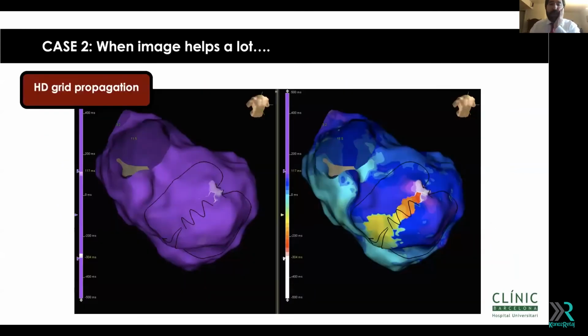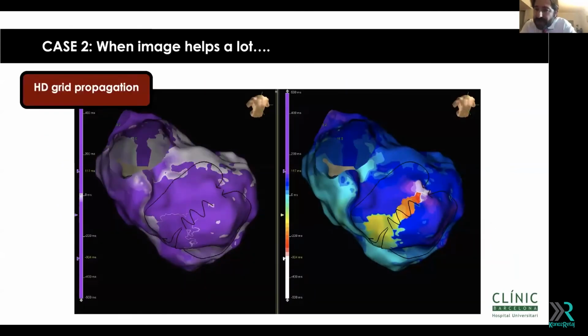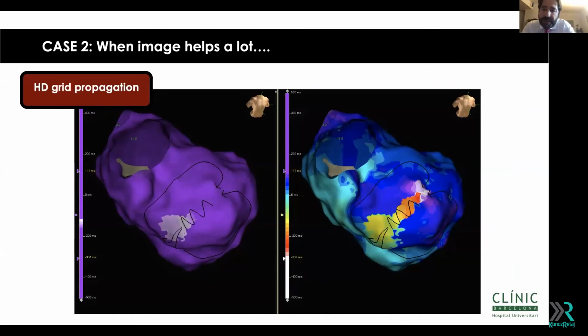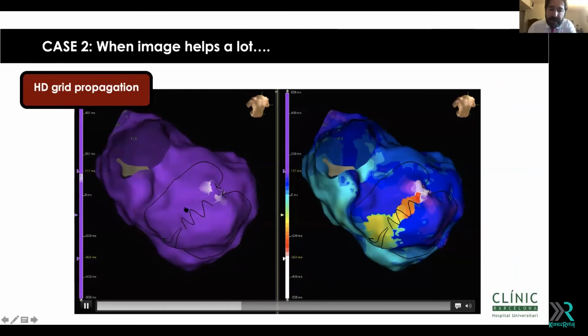So case 2, there are some cases when imaging helps a lot. This is another patient with a VT in the anterior wall. You can clearly see this VT, figure of 8 again, clearly a small and large isthmus here, going like this.